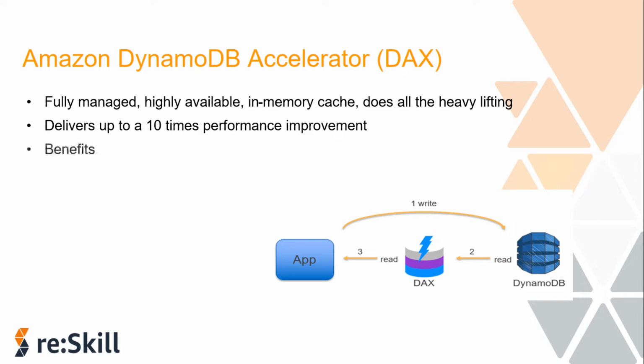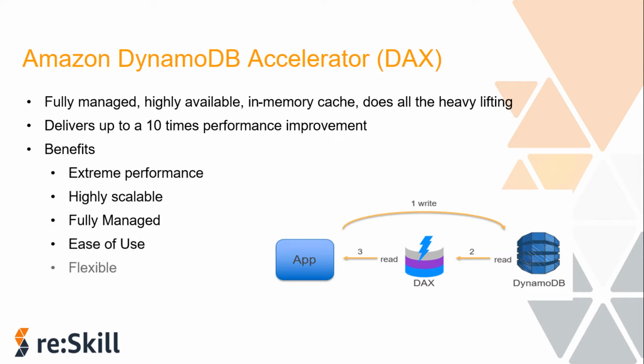There are a lot of benefits of using DAX. Since it is a fully managed component, it is highly scalable, flexible, and secure. It delivers extreme performance, all because these things are built into the component itself, and it's really easy to use because it is integrated with DynamoDB.